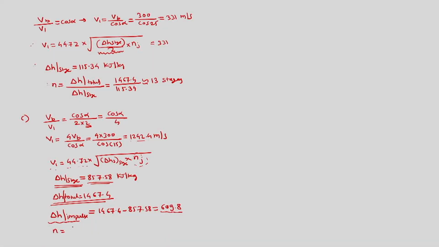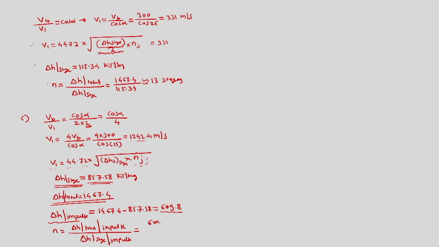So the number of impulse stages is equal to delta H total for impulse divided by delta H stage for impulse.